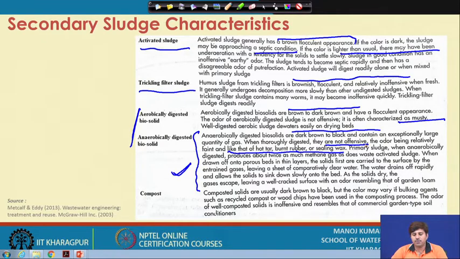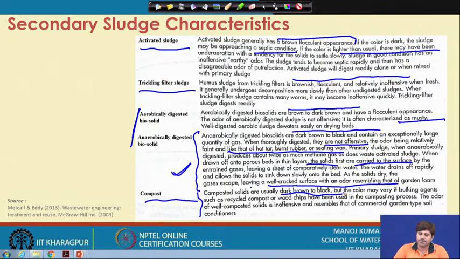When drawn off onto a porous bed in thin layers, these solids are first carried out by the surface and then eventually dry. Okay. And as the dry solid, when the gas escapes, this leaves a well cracked surface with an odor resembling that of garden loam soil. Then there is compost. Okay. So, this sludge can be composted, and composted solids again are dark brown to black, okay, but color may vary depending on the kind of bulking agent and the composting process itself.